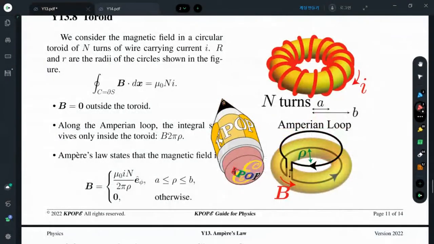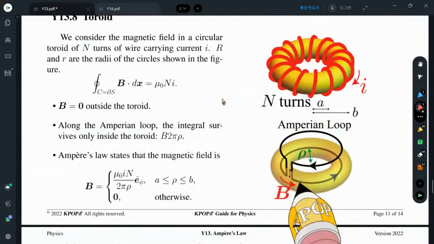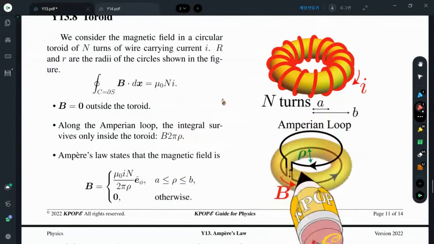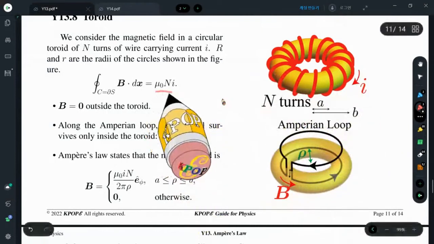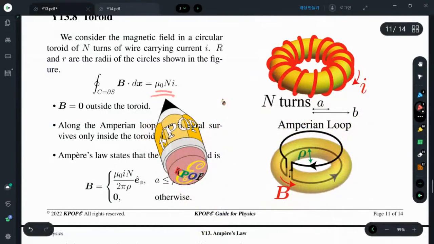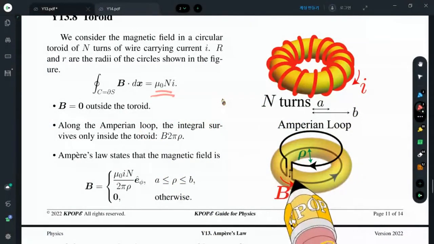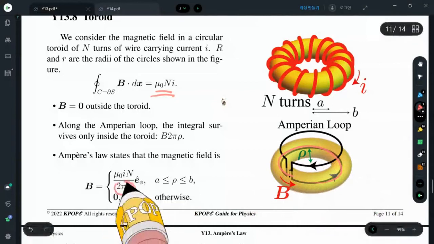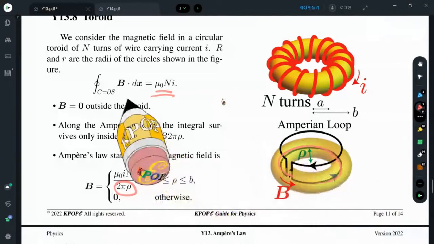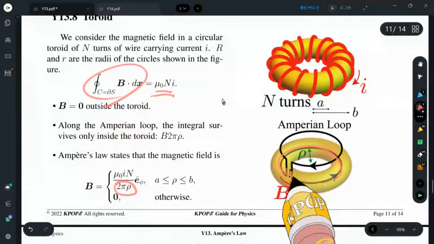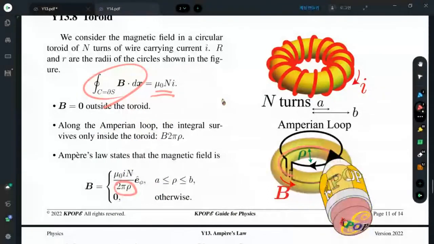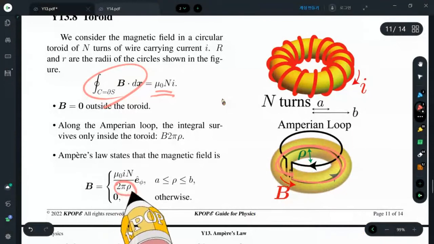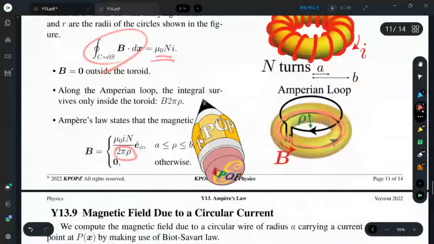Toroid is similar. In that case, we choose an Amperian loop, and this loop will enclose the same number of turns. Now, the magnetic field is concentrated inside, so this integral, B dl, has a magnitude of magnetic field multiplied by the circumference, so 2 pi rho appears in here.